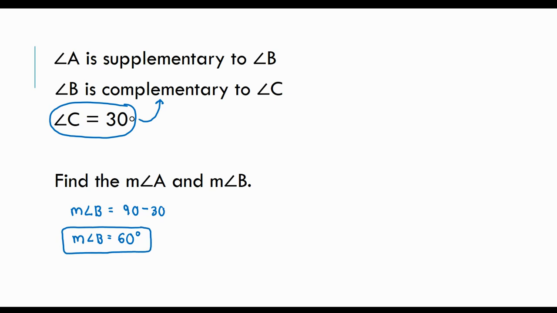And now that I know that angle B is 60 degrees and angle A and angle B are supplementary, I know that to find the measure of angle A, I want to take 180 minus 60. So the measure of angle A gives us a 120-degree angle.